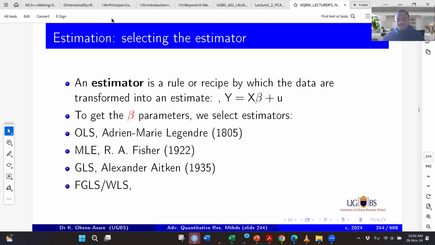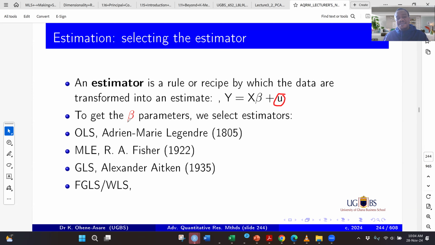The approach is to convert the estimator to an estimate. The estimator is when it is unknown. The estimate is when it is known. Please note that sometimes I'll be using epsilon, the Greek letter, to refer to the error, and sometimes I'll be using U. Don't worry about that.